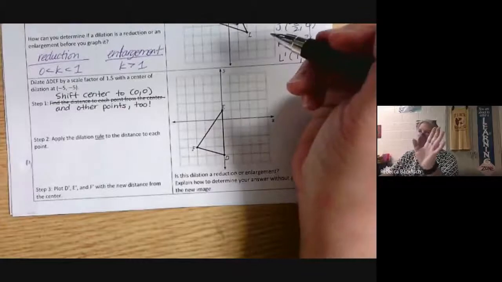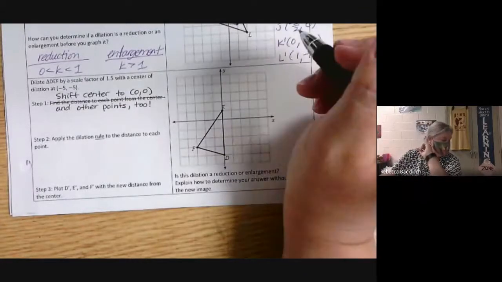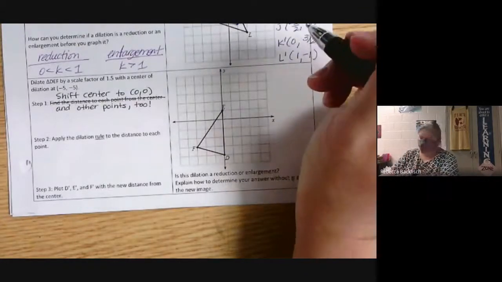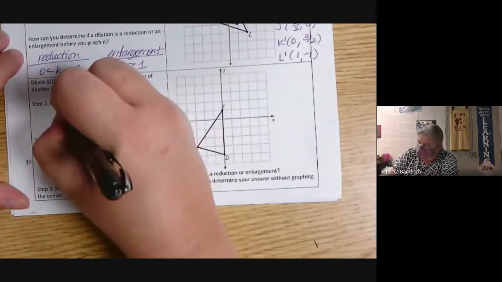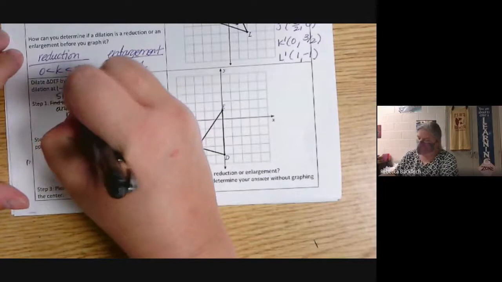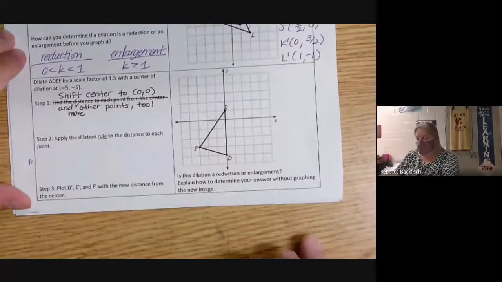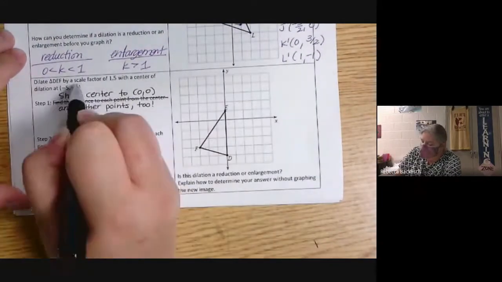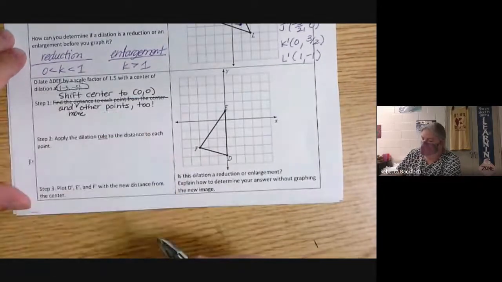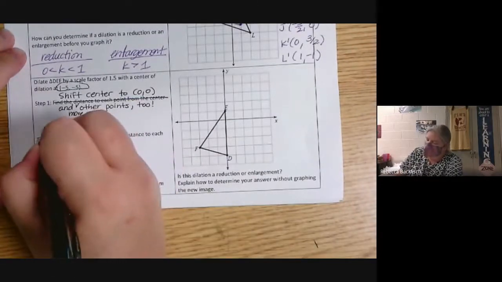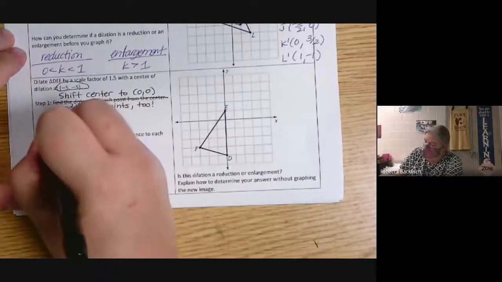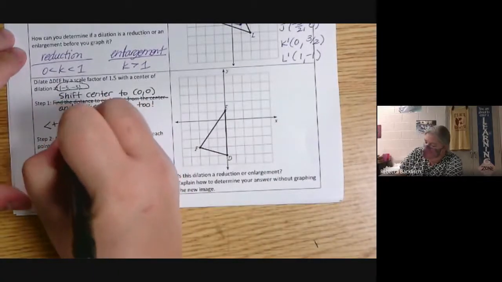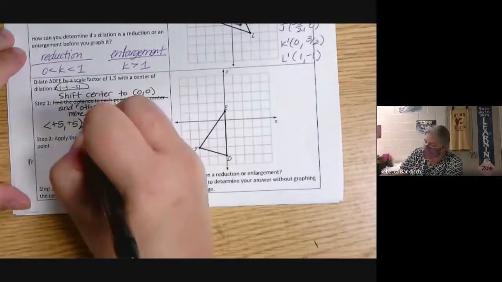We're not moving all the other points to 0, 0, so that wasn't the best way to phrase that. So looking at the fact that the center is at -5, -5, to move that to 0, 0 means adding 5, adding 5. So this is what I'm going to do to all points.